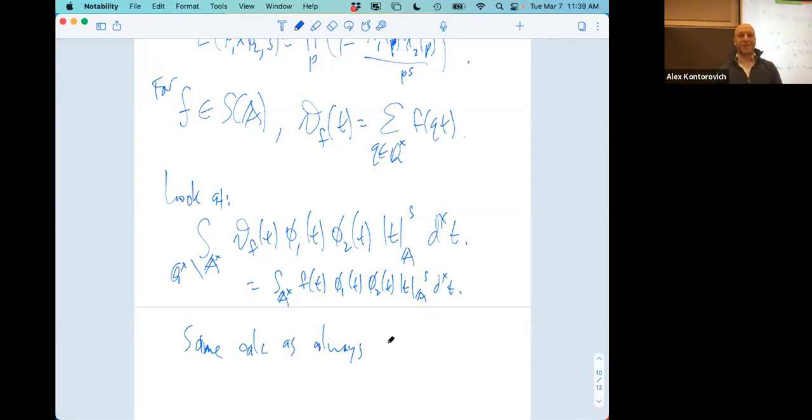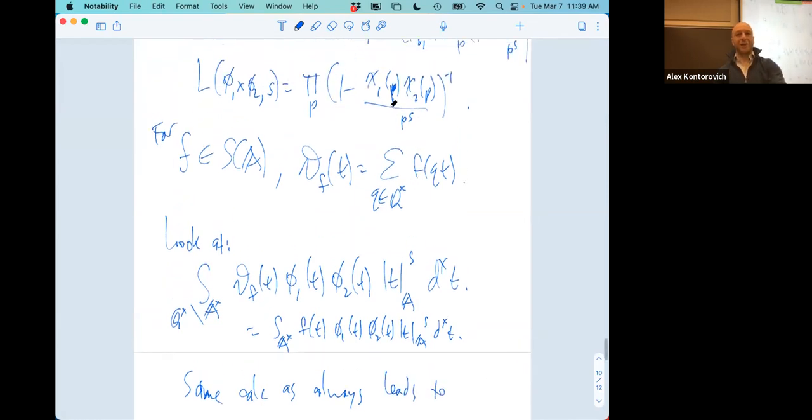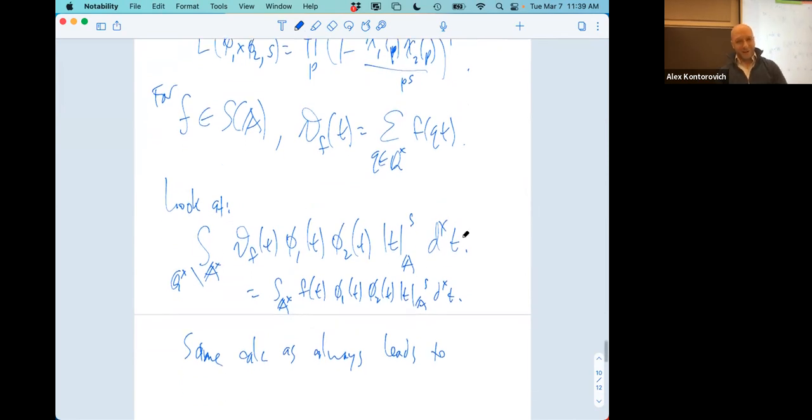Same calculation as always leads to that L function. So there's nothing all that interesting that needs to be done in order to get the product of Dirichlet characters.